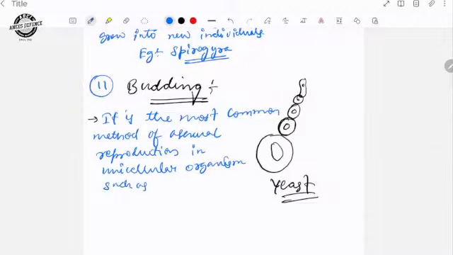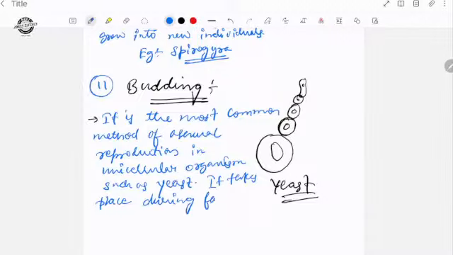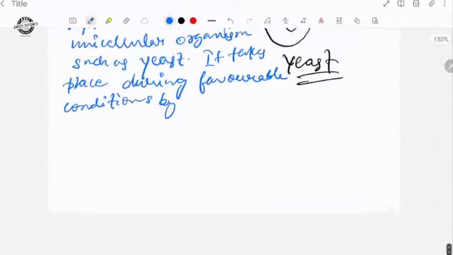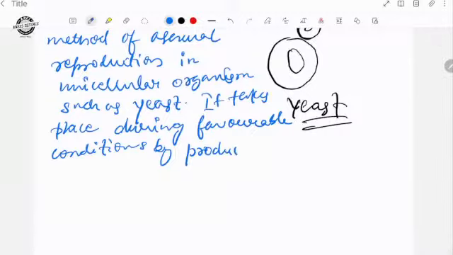We can write an example also, such as yeast. It takes place during favorable conditions by producing one or more outgrowths.